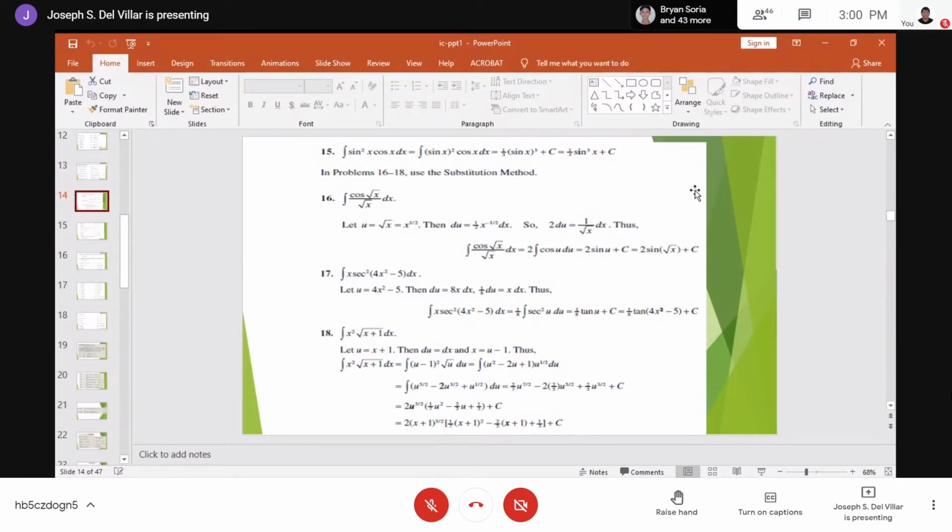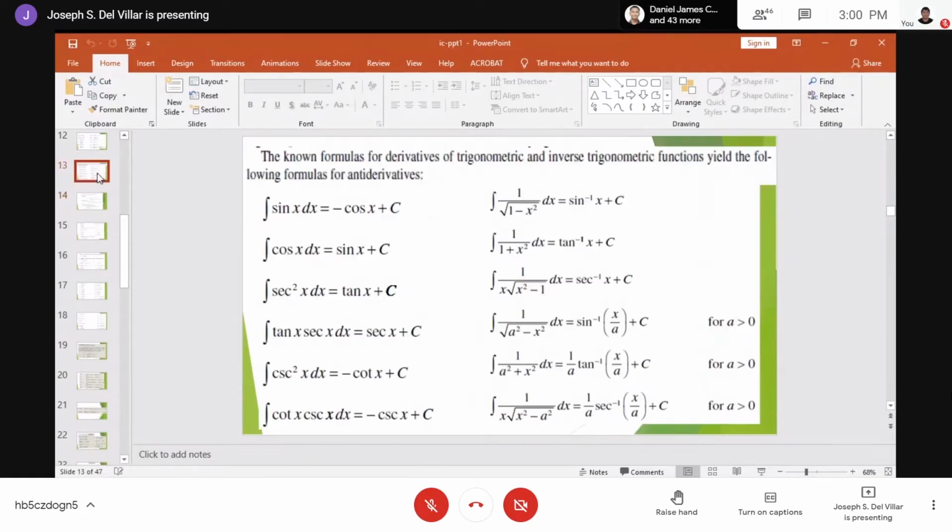So therefore, what should be the final answer? So remember, this is the formula. It should be negative cosine x plus c.